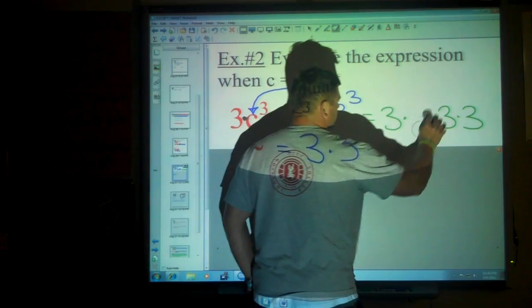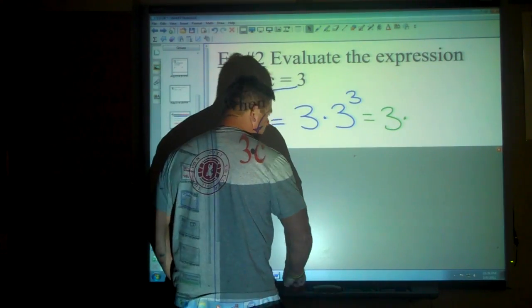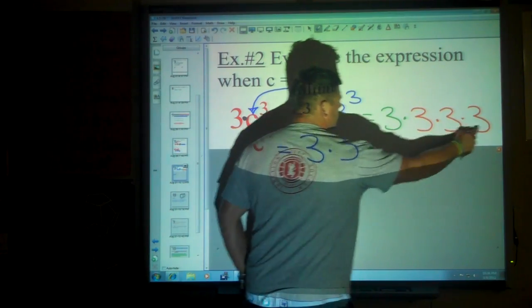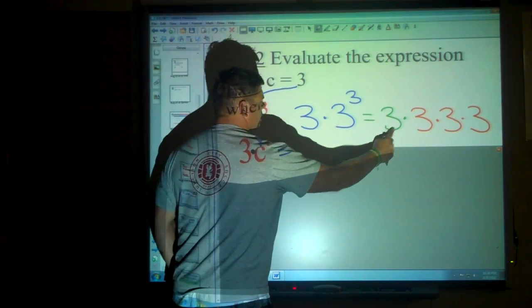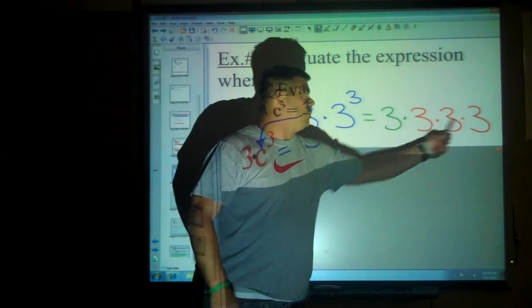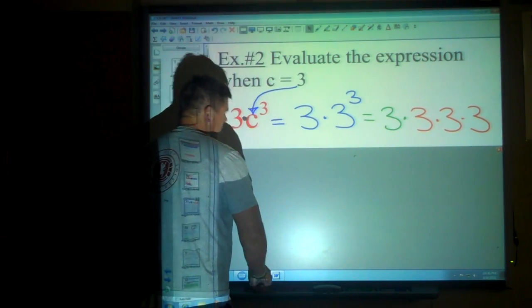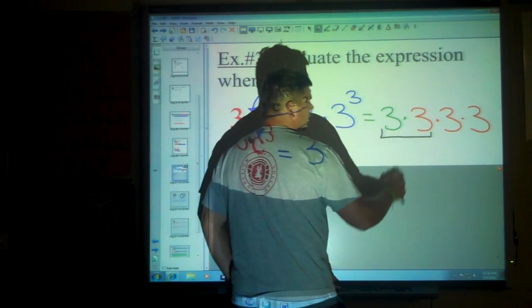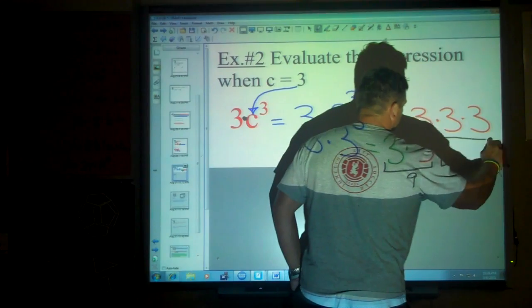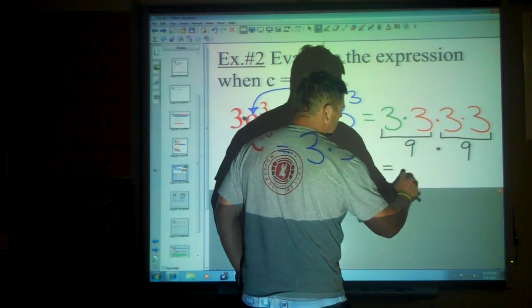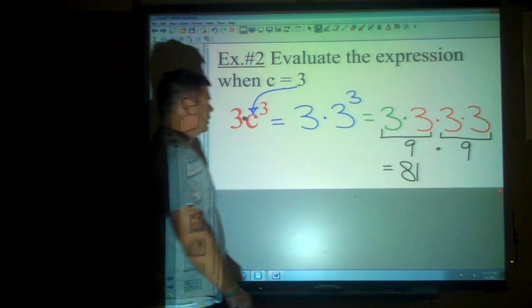Now, I'm going to rewrite these 3 with a different color, just so you can see them. These 3 right here are from this. This green 3 is from right here. Now, it really isn't going to matter now because it's all multiplication. One way you could do this in your head is you could say to yourself, well, that right there is 9, and this right here is also 9, and 9 times 9 equals 81.